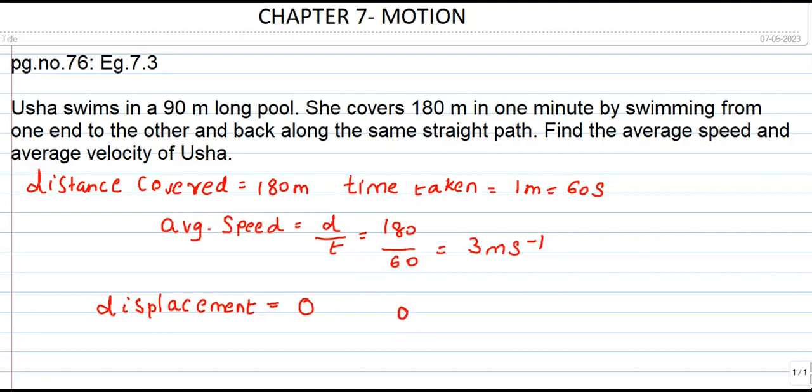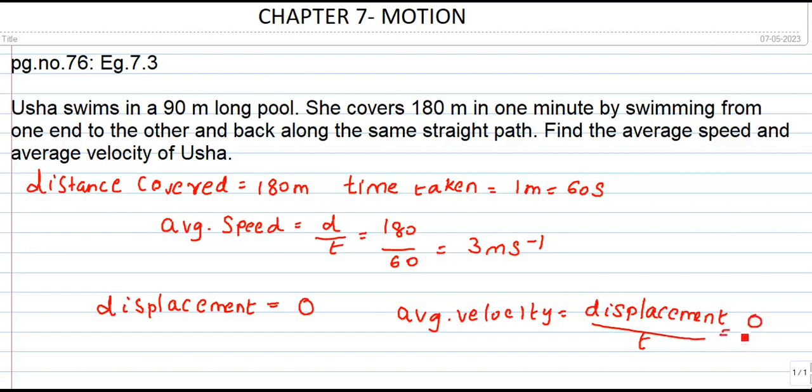So now the average velocity, as we saw in the formula, is given as displacement by time. So this we have it to be 0 by 60. So the average velocity is 0 meters per second.